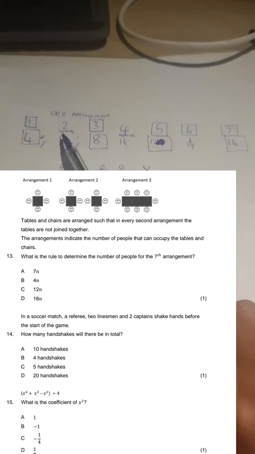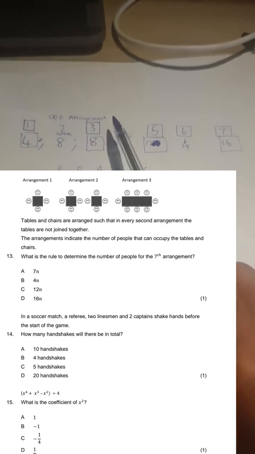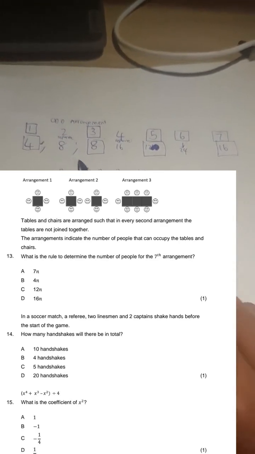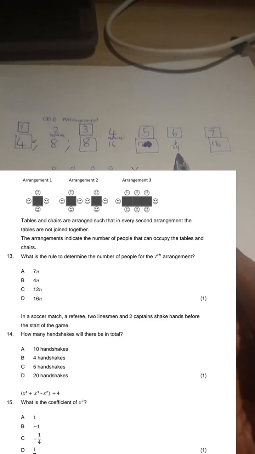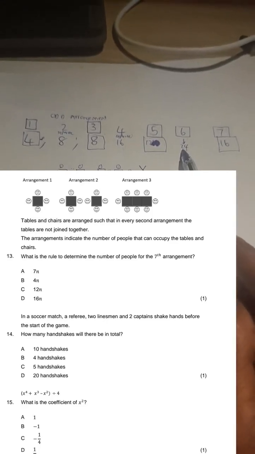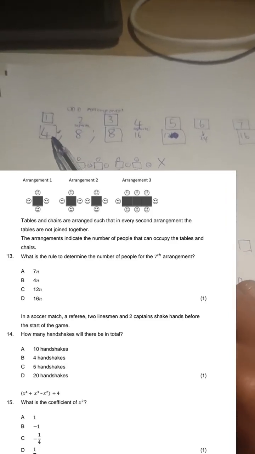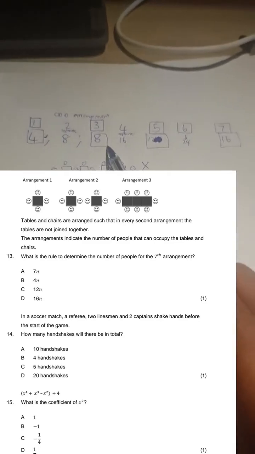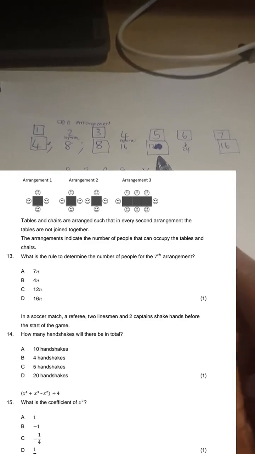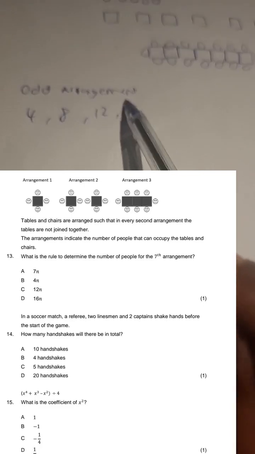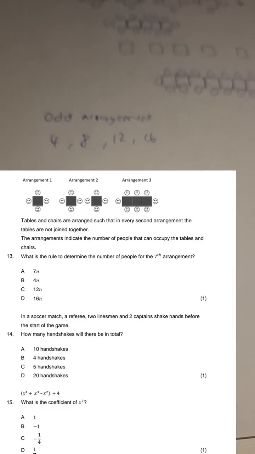The even arrangements, 2, 4, 6, have the number of people form a linear pattern that has a constant difference of 8. But then the odd arrangements, 1, 3, 5, 7, also form a linear pattern, but there's a constant difference of what? Of 4.